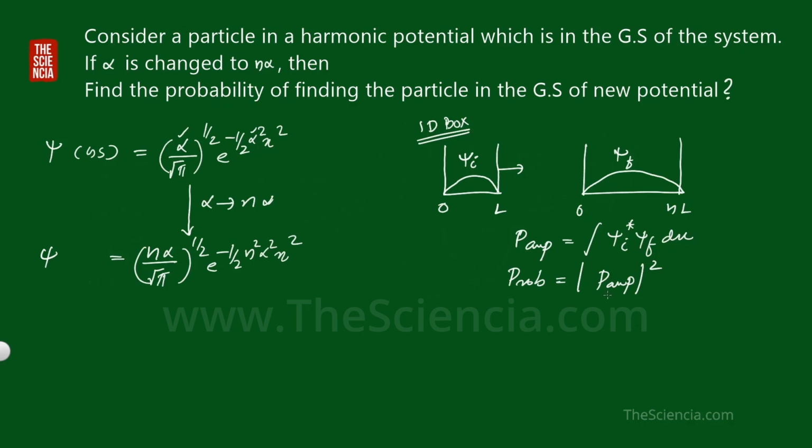Here also we are going to use the same procedure. So initially this is our wave function and this is the final wave function, the ground state wave function of the new potential. By using these two expressions, we can find the probability amplitude.